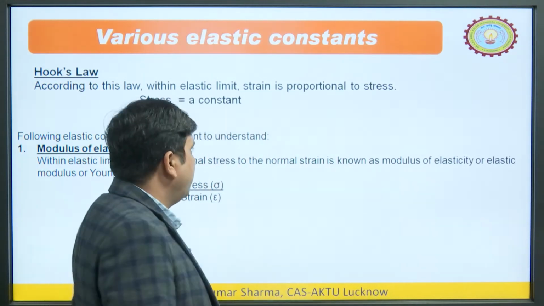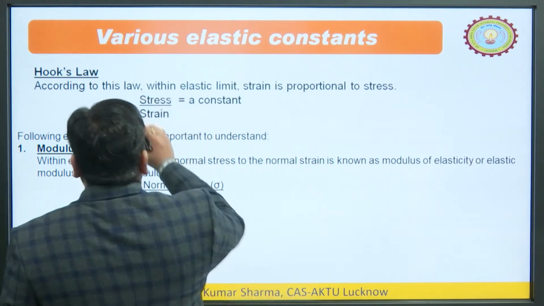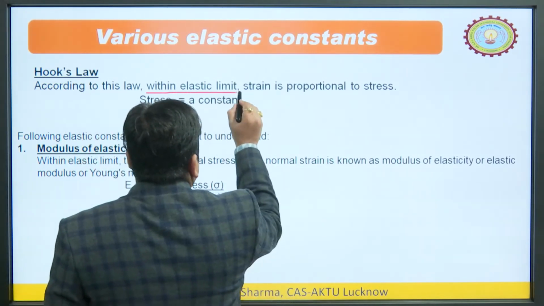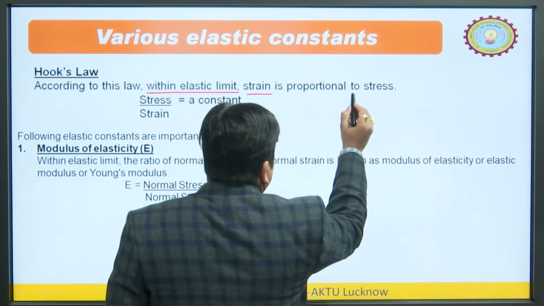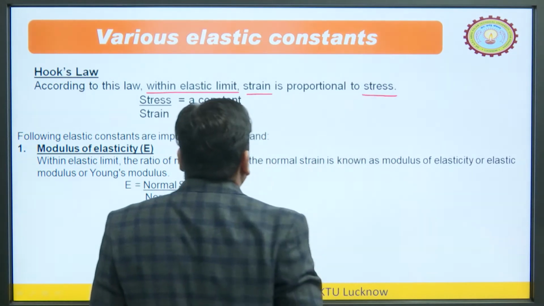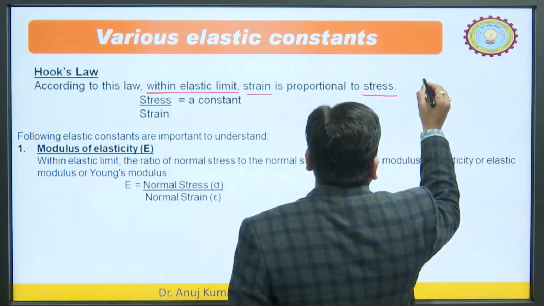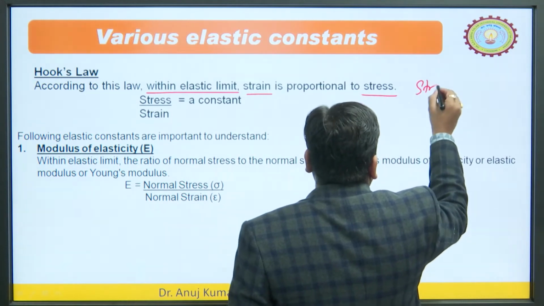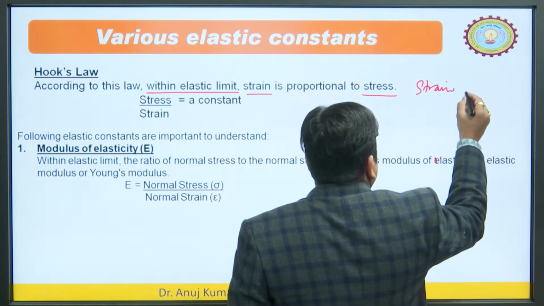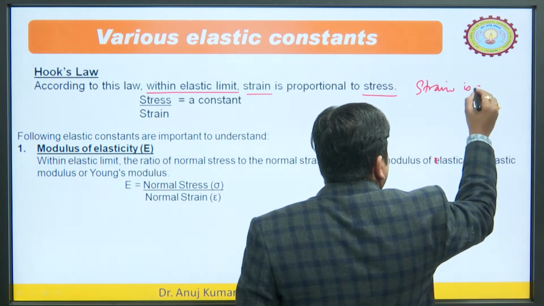According to Hooke's law, within the elastic limit, strain is directly proportional to stress. So strain is dependent on stress.